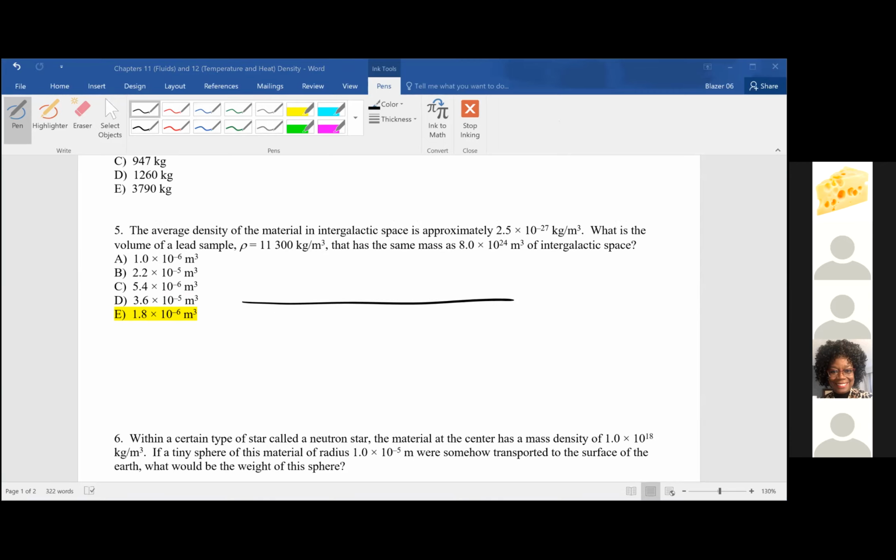Okay, class, I had to go and try to find some way to write on the screen because for some reason, my menu that allows me to go back and forth between my pencil is missing.